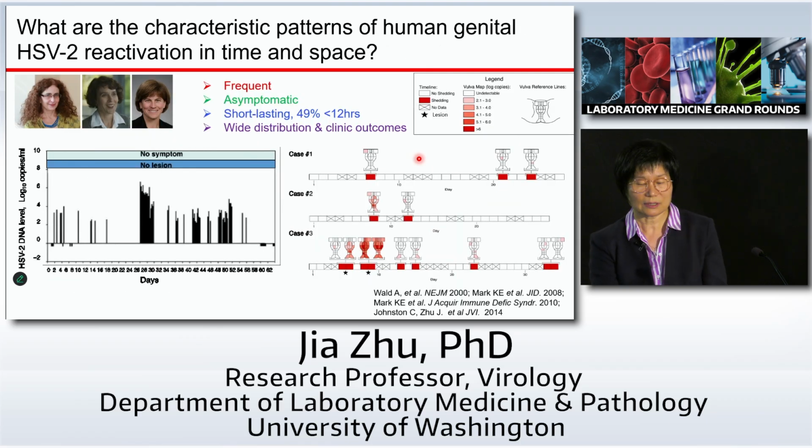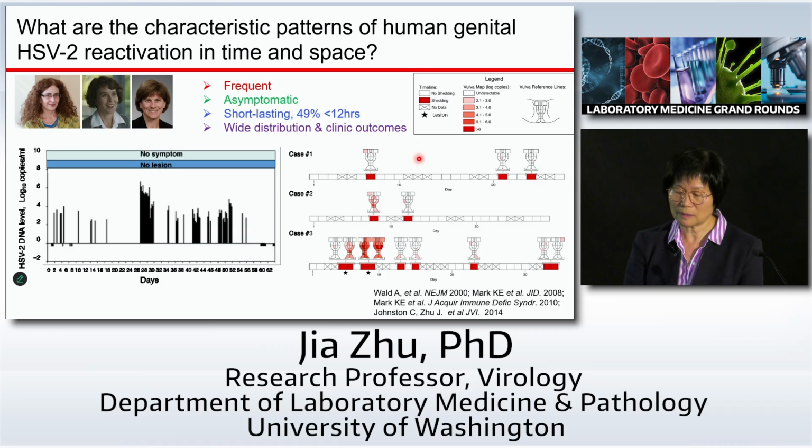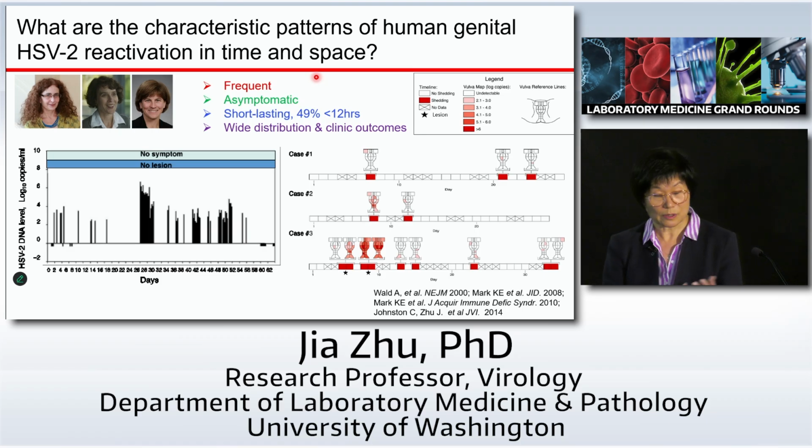So what are the characteristics of human HSV2 reactivation in time and space? The studies led by our own doctors, Dr. Anna Wald, Karen Mark, and Christine Johnston, have shown that HSV reactivation is frequent, occurs mostly asymptomatically, and is short-lasting, and half of those shedding episodes last less than 12 hours.